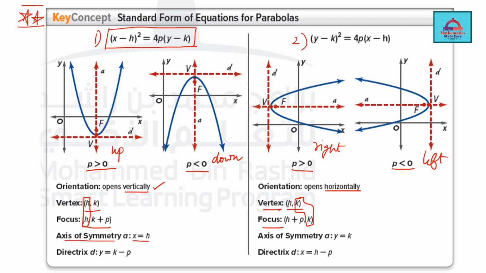So axis of symmetry is x equal to h, here it is y equal to k. Directrix is y equal to k minus p, here x is equal to h minus p. So all of this information, this formula sheet, the key concept you'll have to learn, and we'll be solving a lot of questions based on this. So let's get started and see what kind of questions to expect from the standard form of equation of parabola.